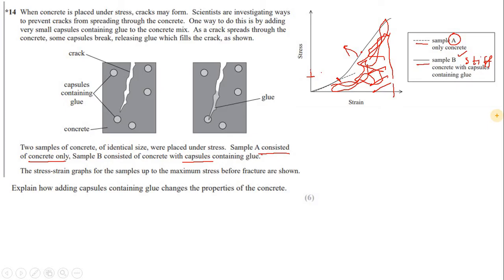So it is even tougher than sample A. So B is tougher because it absorbs a large amount of energy, and it's all because of the breaking capsules and filling the gap. So that's what you need to include, every point: first the behavior, which is steepness, stiffness, high strength, and then a large amount of energy, large area.